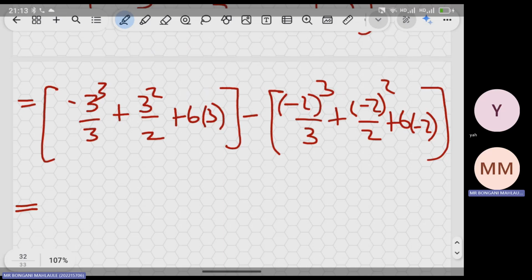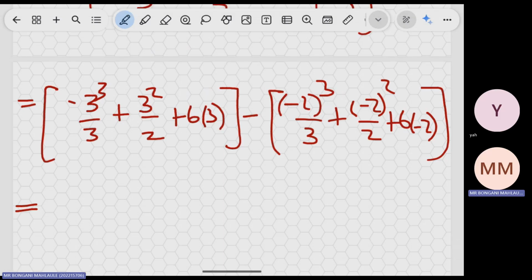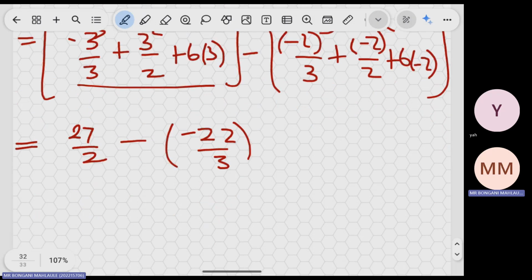So the answer for this part will be what? You should get 27 over 2 for this one. Let me check, because I was just substituting 3. Yeah, you'll get 27 over 2. For the next one, minus, you'll get negative 22 over 3.